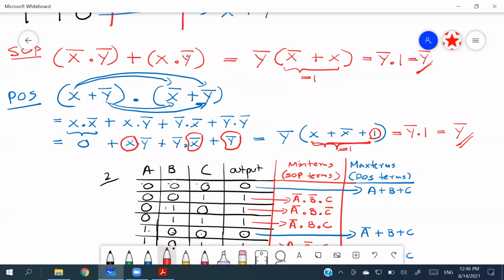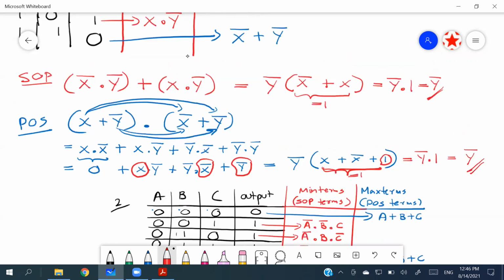what the simplified answer of the SOP and the POS gives you the same value, right? So that means the SOP and the POS of the same truth table is going to give you the same value.